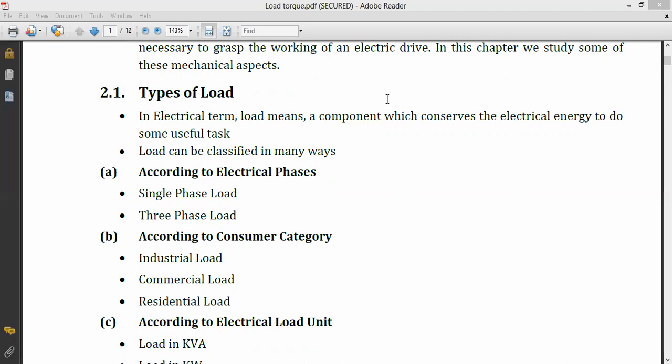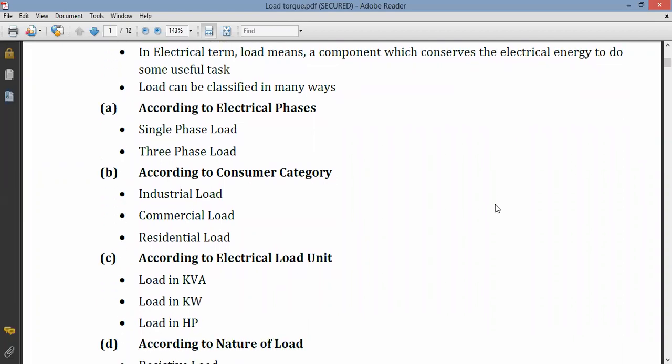According to the electrical drive system, loads are classified in a number of ways. Number one, according to the electrical phase, the load can be divided into single-phase load or three-phase load. According to the consumer category, the load will be industrial, commercial, or residential. According to the electrical load unit, load will be in kVA, kW, or HP.